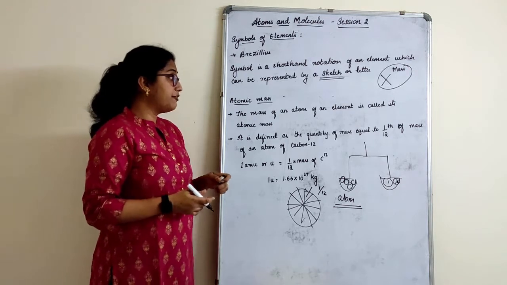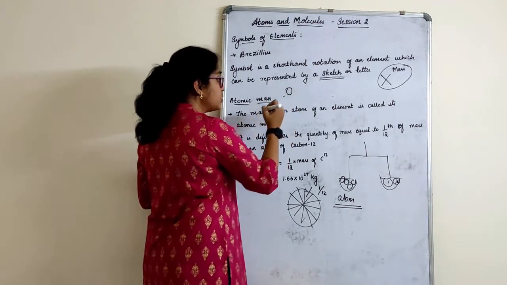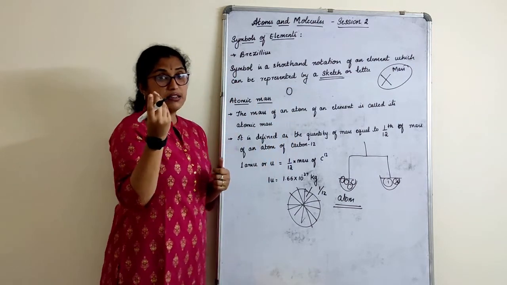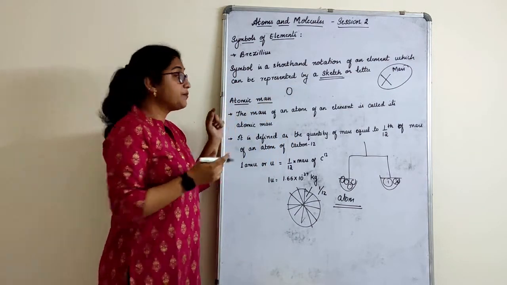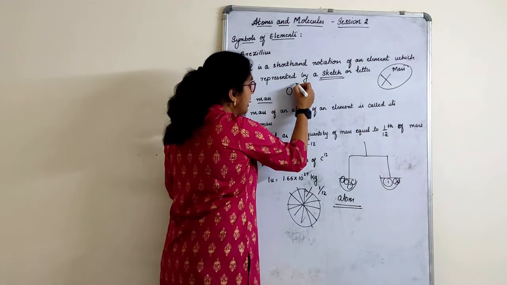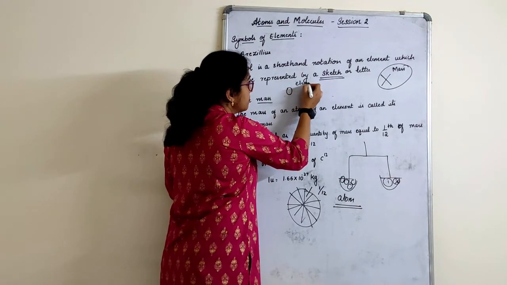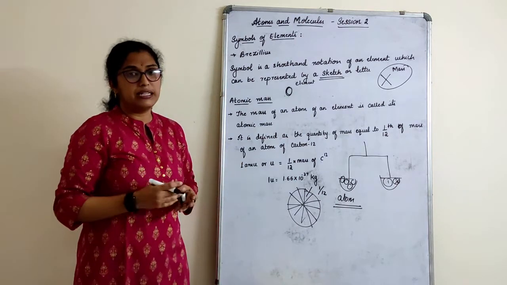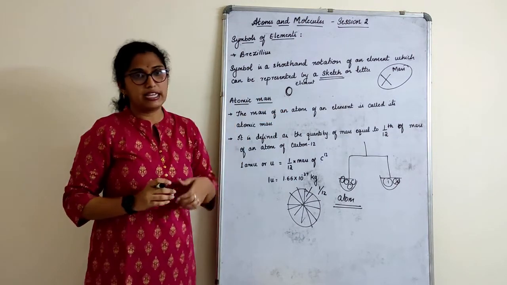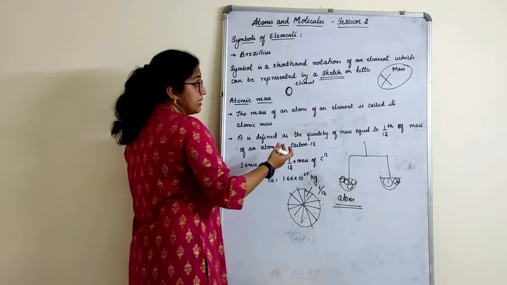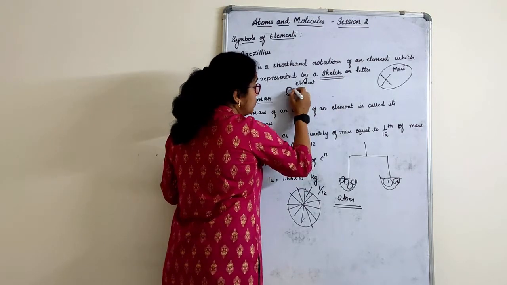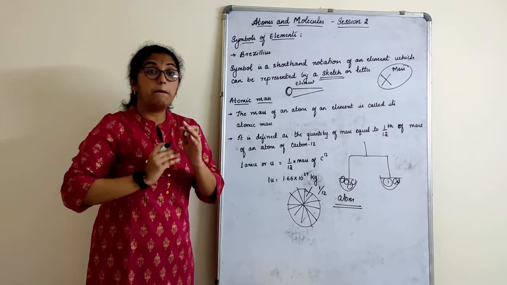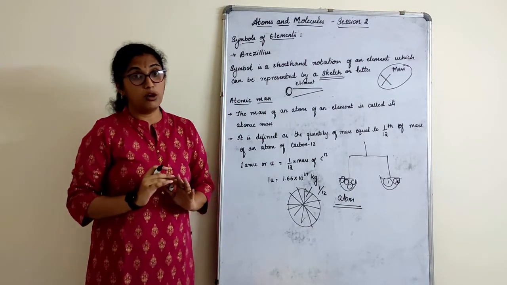Now for example, oxygen is an element, there is one atom here, right? So when we talk about oxygen, how many atoms of oxygen are present? One atom of oxygen is present. But when we talk about a molecule, these elements or these atoms combine together to form a molecule.